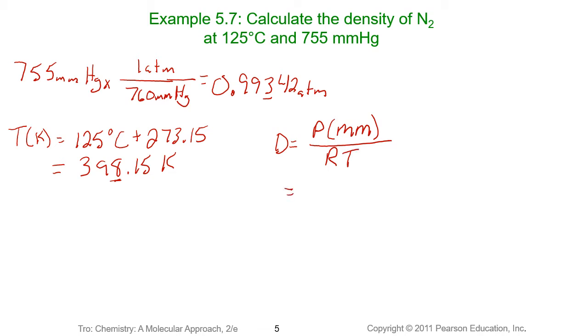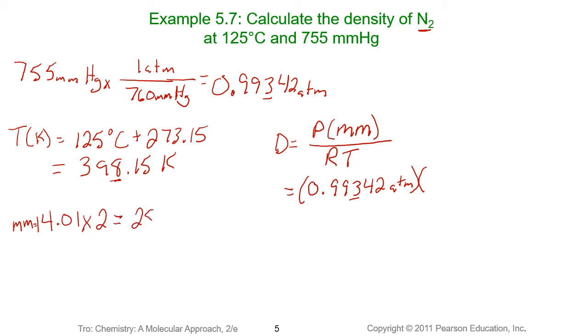So our pressure, we just calculated, 0.99342 atmospheres. Our molar mass, we're told that it's nitrogen, so we have to take the mass of nitrogen and multiply it by 2 because it's a diatomic molecule.